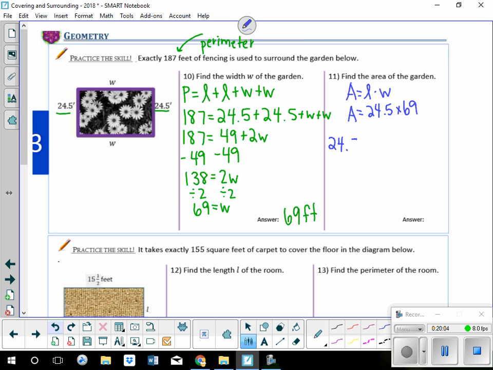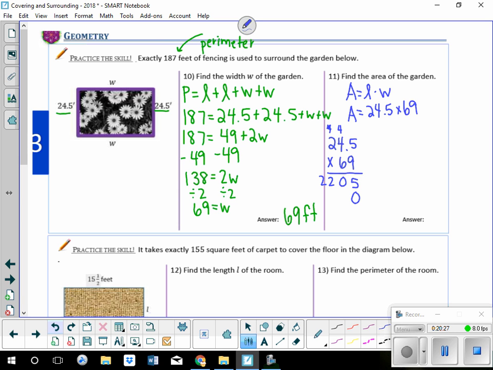All right, 9 times 5 is 45. 9 times 4 is 36, plus 4 is 40. 9 times 2 is 18, plus 4 is 22. Put in my 0 as my placeholder. Cross off this part that I carried just so I don't get confused.